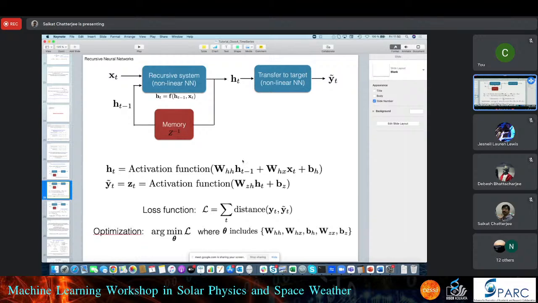But this is a linear transformation of ht minus 1 and xt, and if this is a linear transformation, then you have a standard recursive system called Kalman filter, which is possibly the most used dynamical model across many fields. Kalman filter.